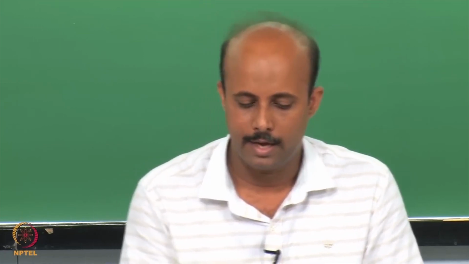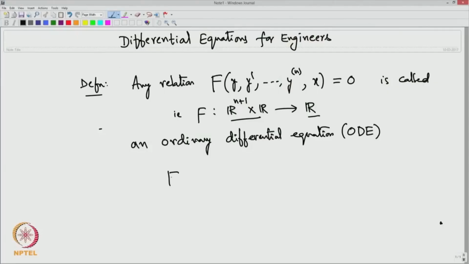If you have more than one independent variable, let us say I have any relation F from R^n, so I do not know exactly how many I will have. If I take two independent variables, I have R^2.